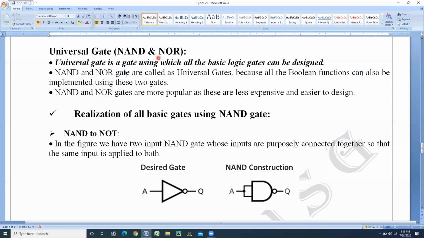And in the case of NOR also, the NOR works like a NOT gate, an AND gate, and an OR gate also. That's why NAND gate and NOR gates are called universal gates. So the definition is: a universal gate is a gate, either NAND or NOR, using which all the basic logic gates can be designed.